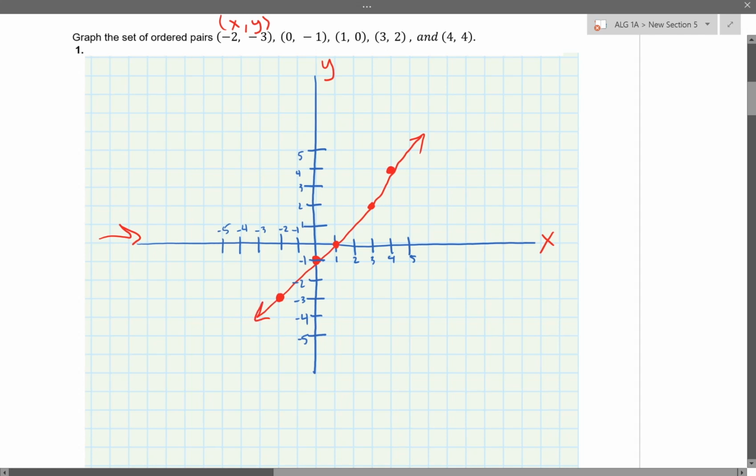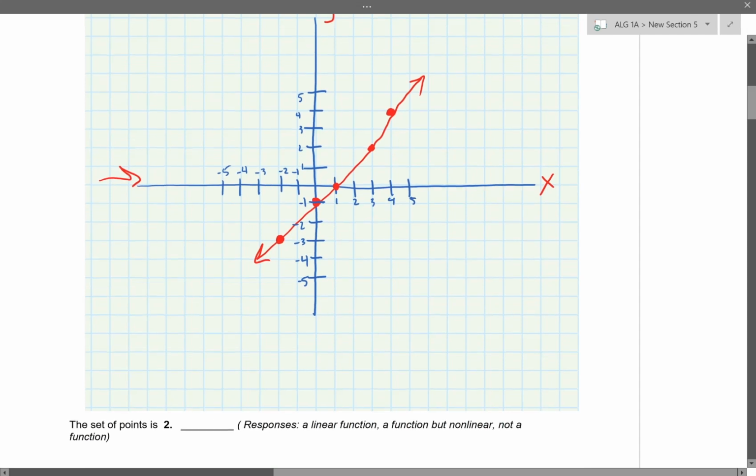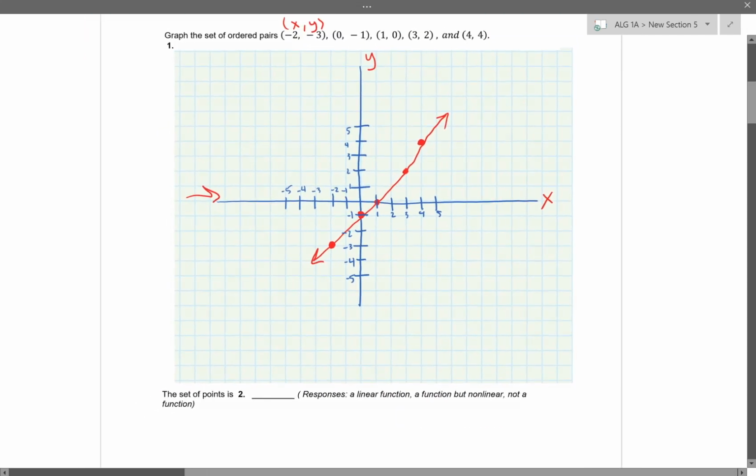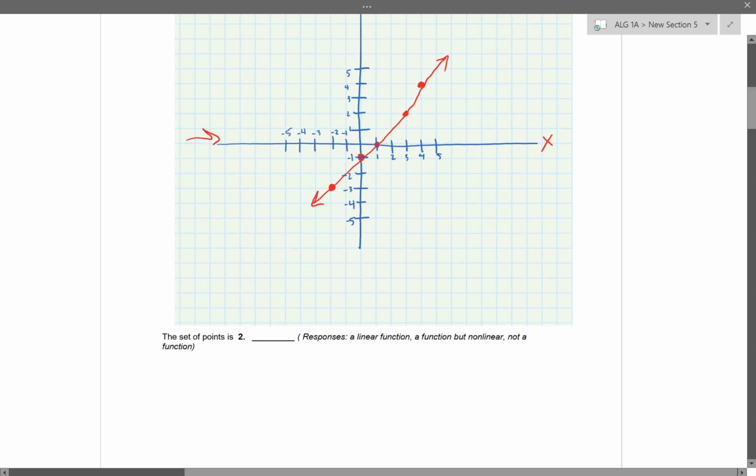Alright. Now, when you guys go and graph this on the test, it'll actually look a lot more straight. But this is what we call a straight line. Okay. So the set of points is blank. Our responses can either be a linear function, a function but nonlinear, or not a function. Well, a linear function just means a straight line. A function but is nonlinear, remember, could be something like that.